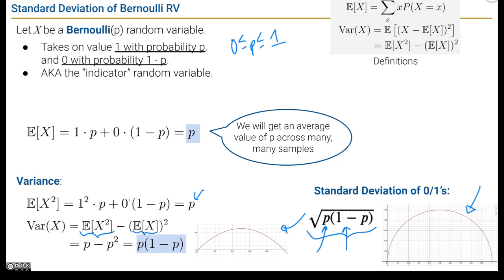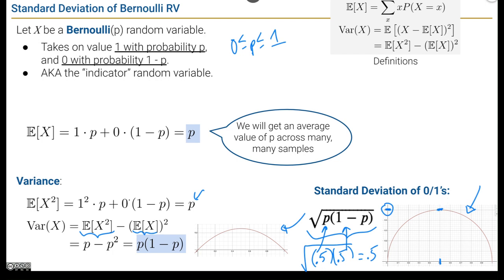You could just do a worst case scenario, by saying the biggest the standard deviation is ever going to be is 0.5, because the worst case happens when your probability of ones is equal to your probability of zeros, and you get a standard deviation of 0.5.